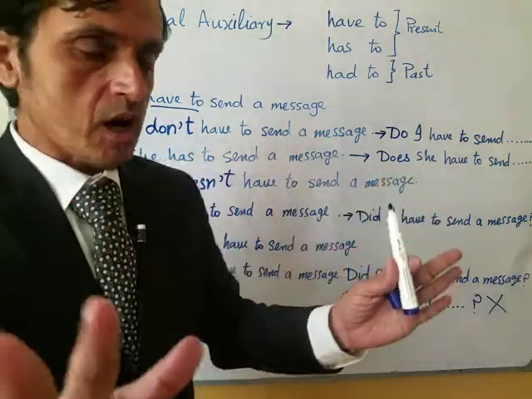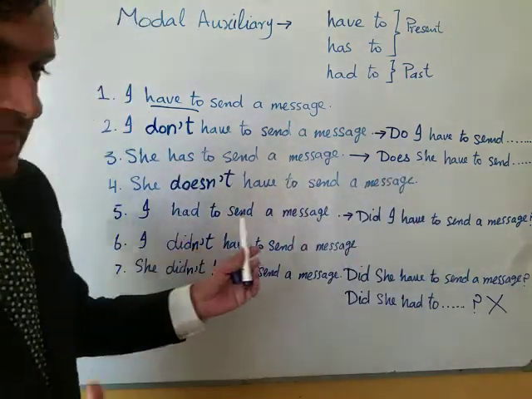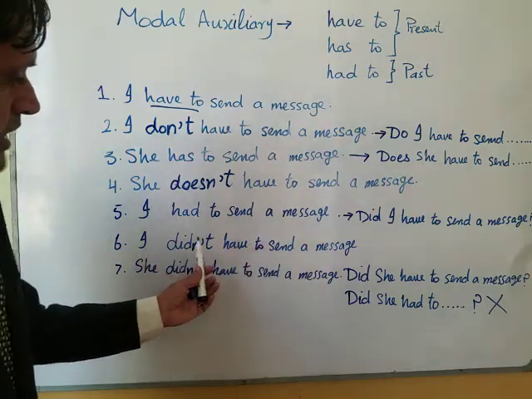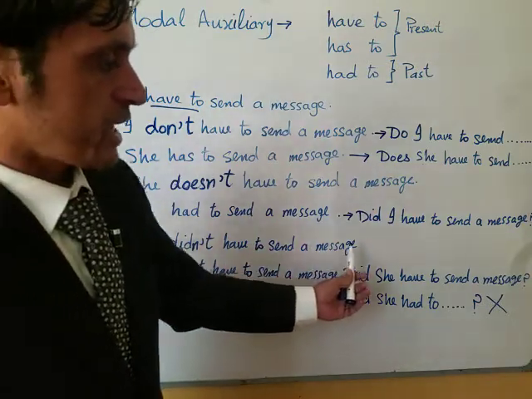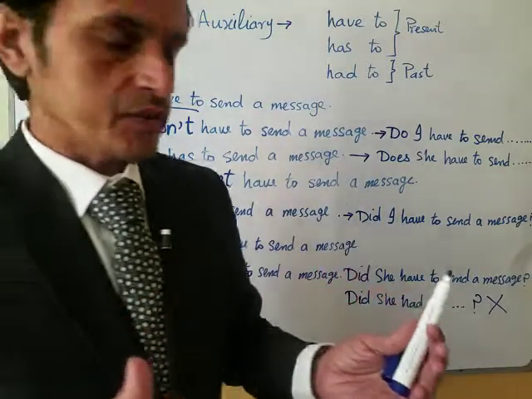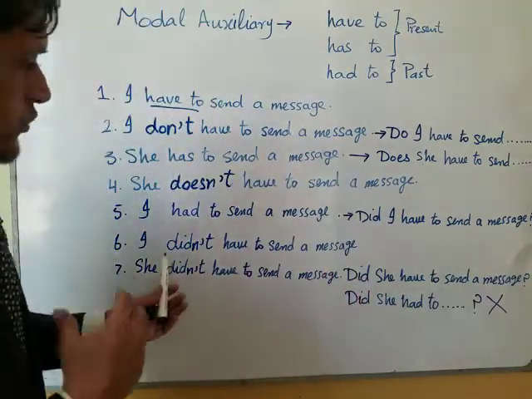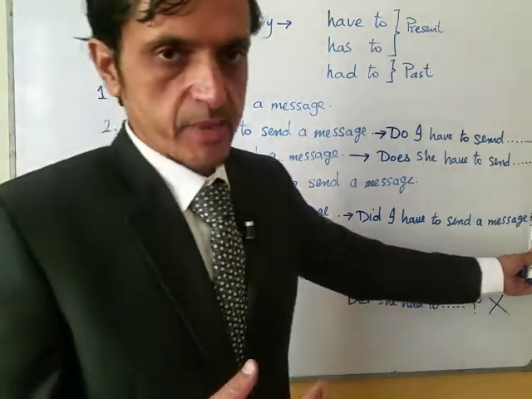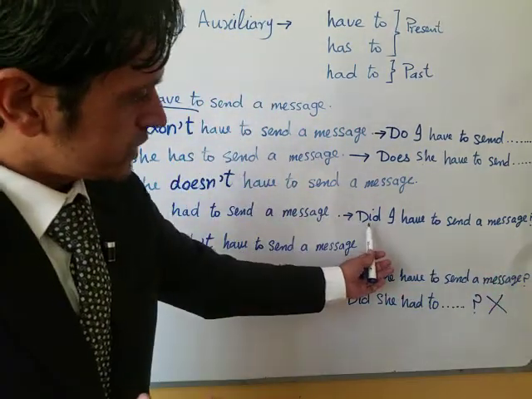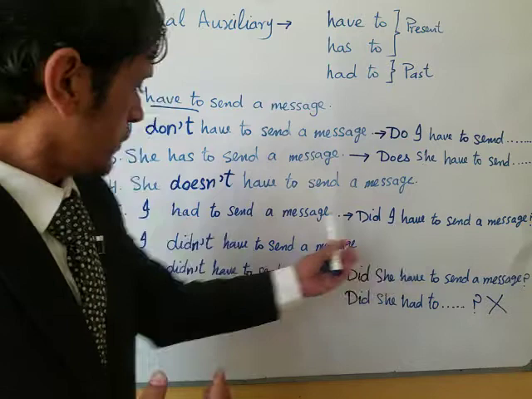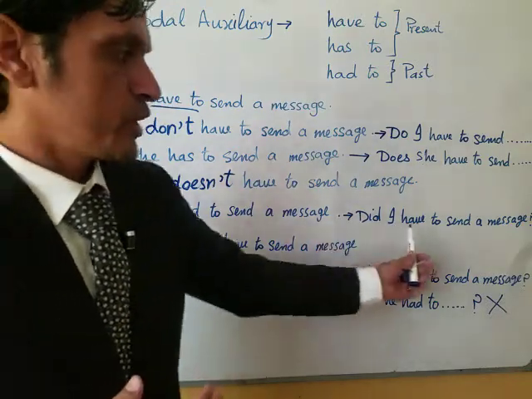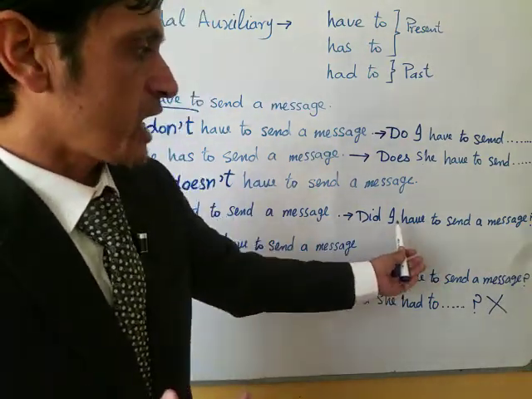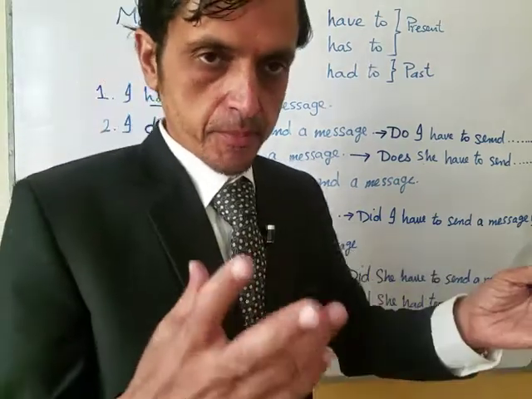This would be wrong. We will bring didn't. So we will say I didn't have to send a message. And if you want to make an interrogative, did I have to send a message? Now here if we use did, then after I we will not use had to. We will use have to. Did I have to send a message?